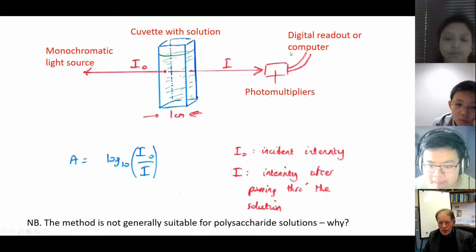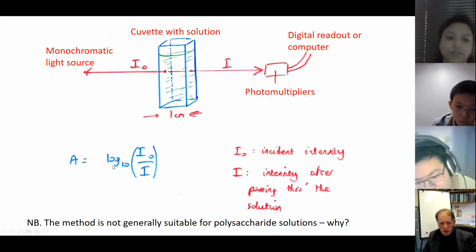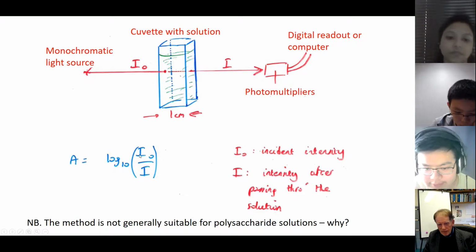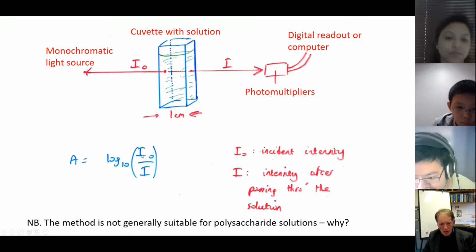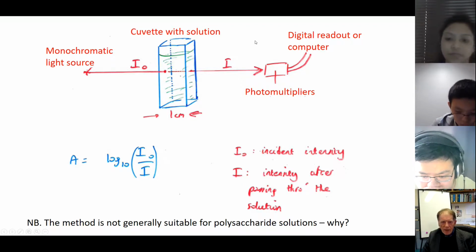And what the spectrophotometer does is it compares the intensity of the transmitted beam with that of the incident beam. And the absorbance is measured, which is defined as log 10 of the ratio of the incident intensity divided by the transmitted intensity.